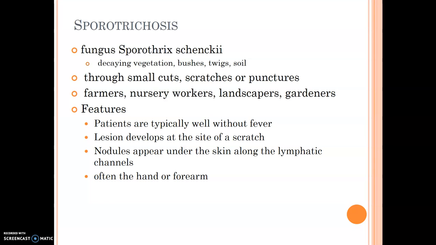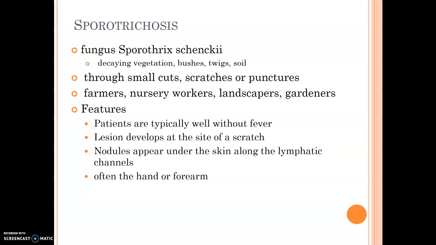Most of my patients who come with sporotrichosis will have this type of history of doing gardening. For example, they got injured while gardening, pricked by a branch or a tree.